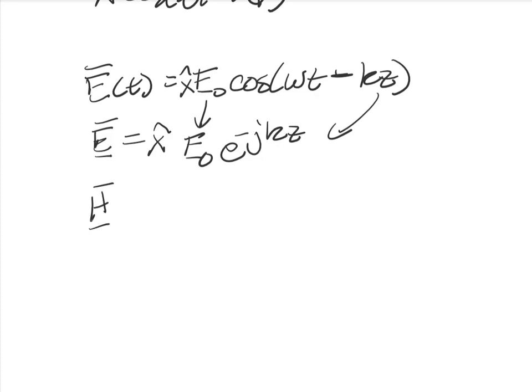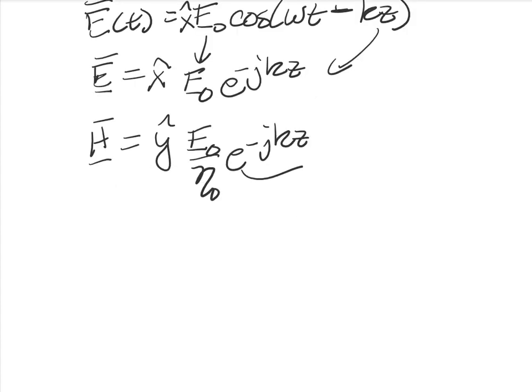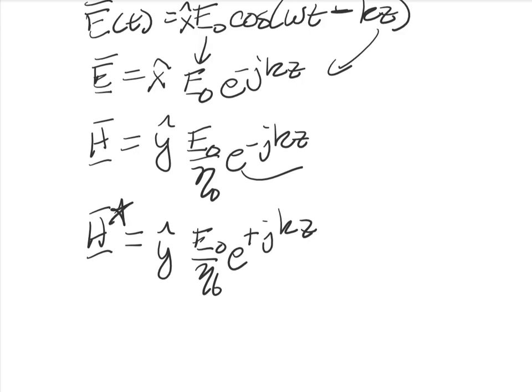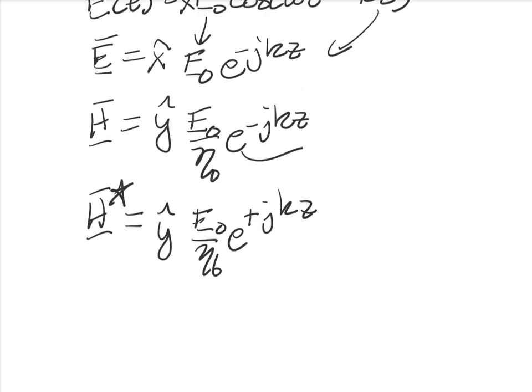I can still change it to a magnetic field just by using the right-hand rule and Ohm's law as before. And this portion is exactly the same. Now if I want to write a conjugate, all I have to do is change the sign of the phase. Now it's a conjugate. All right.